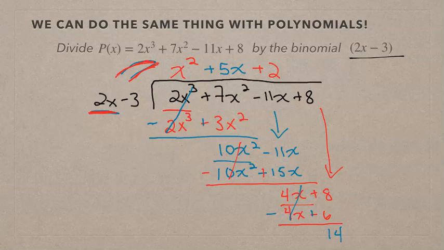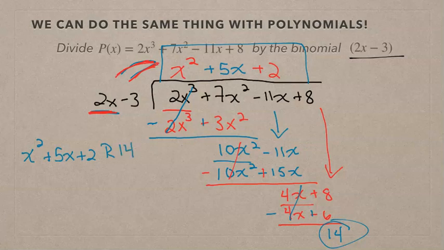So I now have a quotient, which is up here, and a remainder, which is down here. And you can write this answer in a couple ways. You can say that the answer is x squared plus 5x plus 2, remainder 14.